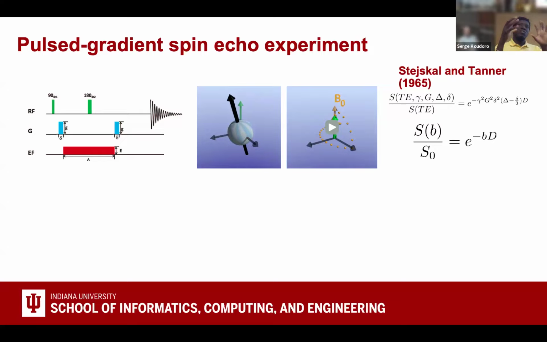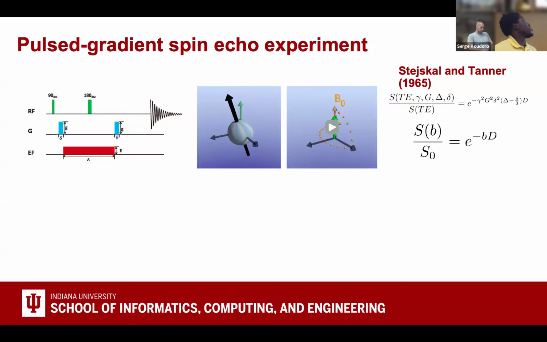So when you take the signal at state 0 and multiply it by the exponential that represents the signal loss, you obtain the final signal S_b. Here b represents our b-value, our gradient, which in reality is all the parameters of our scanner.